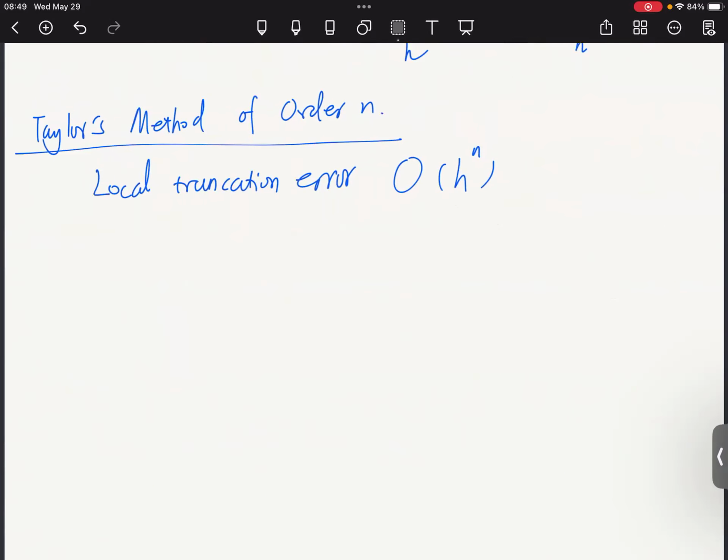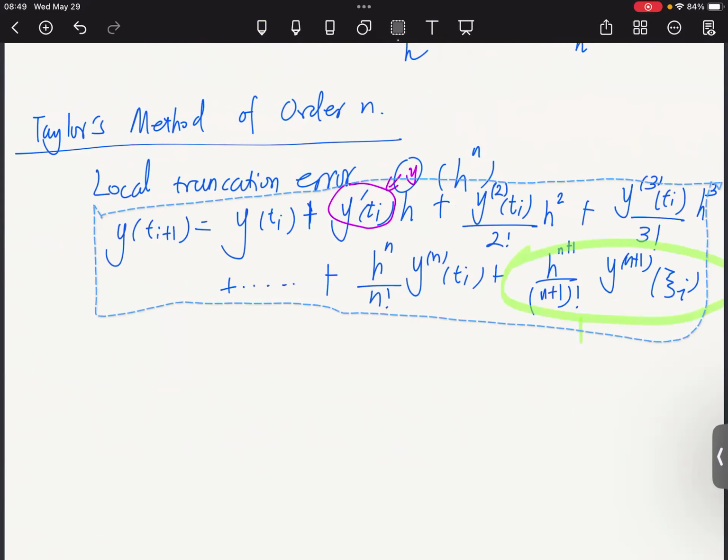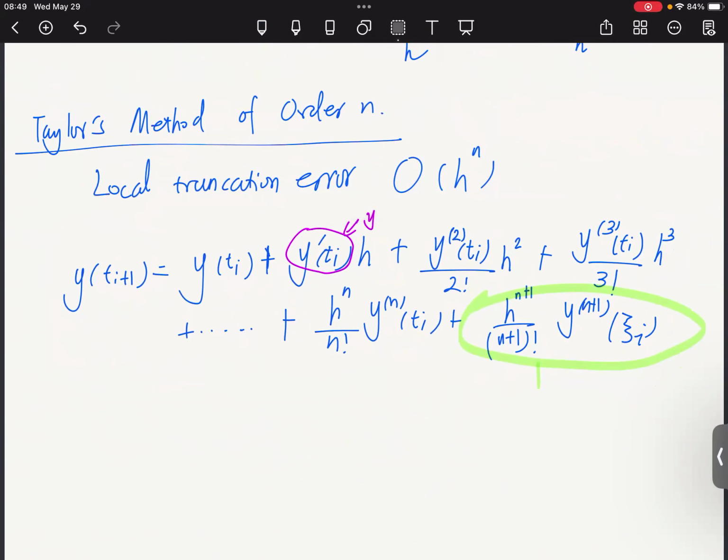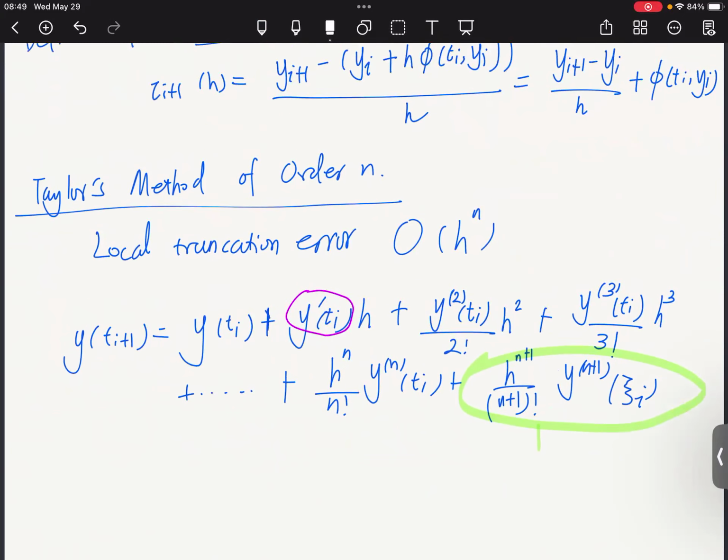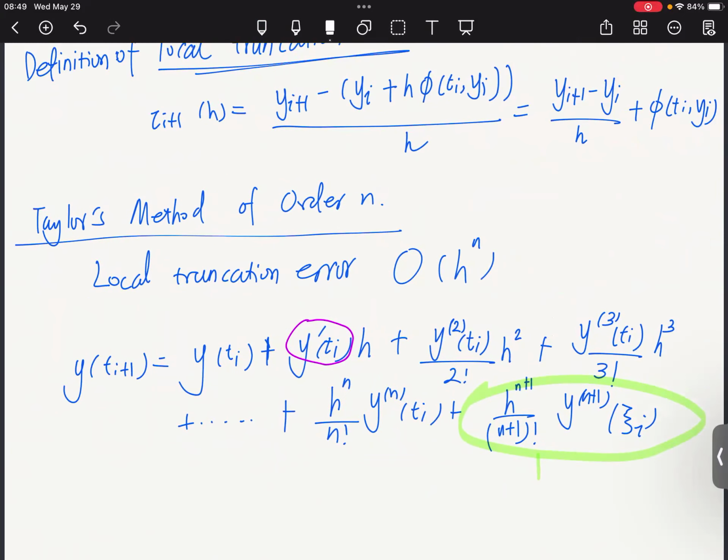And this is the n+1 Taylor expansion here. Let's move things around, and you will see that this part is just the T^n expression in the Taylor's methods.